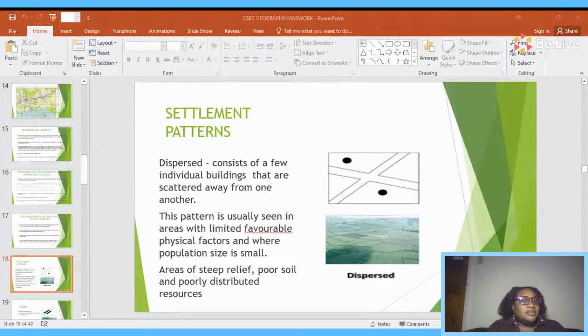Functions of settlements, and this is also very important. Having a settlement is very important, and settlements serve different functions. So for example, a residential settlement is going to be different from a commercial settlement.